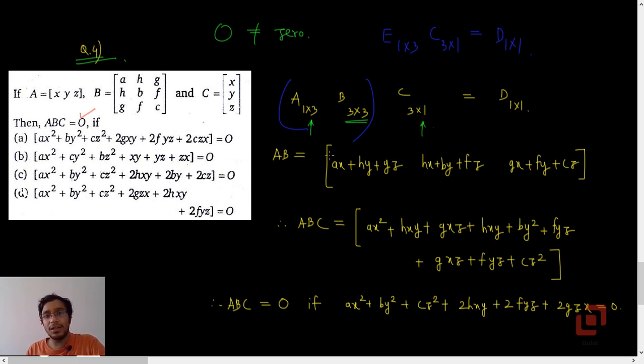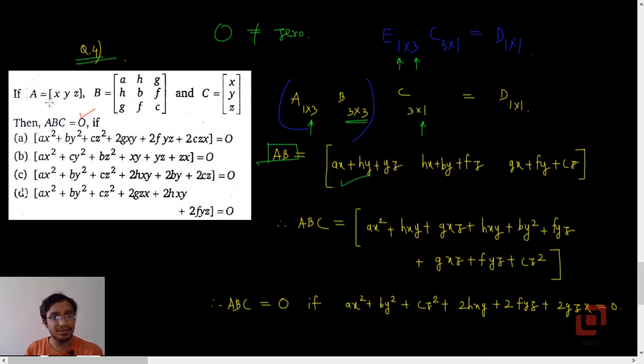Now to solve this question, I have first multiplied the matrices A and B. As I pointed out, A into B is going to be a matrix with 1 row and 3 columns, so it will be of the same order as that of A, and I have done that for you. Its first entry will be AX plus HY plus GZ.